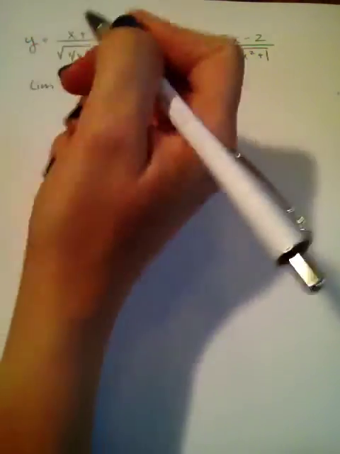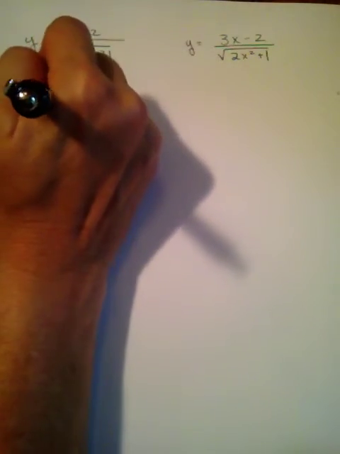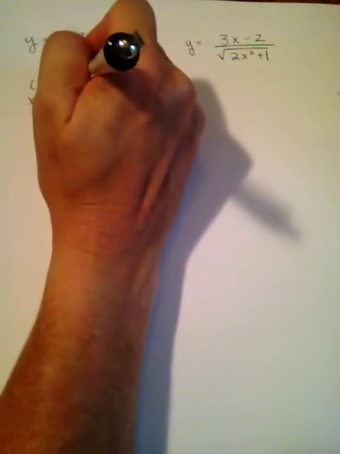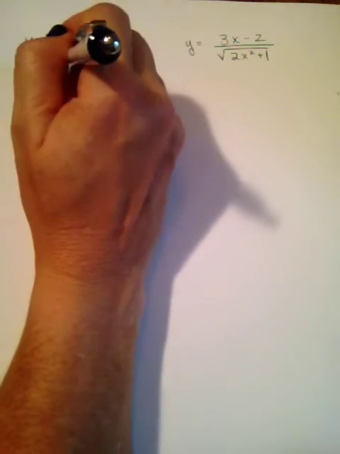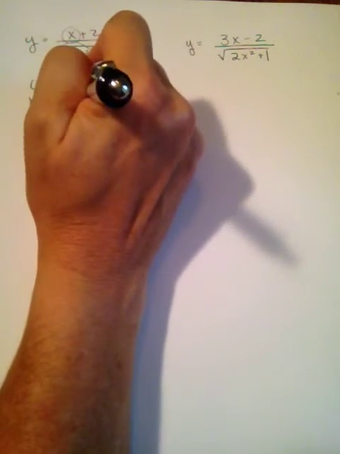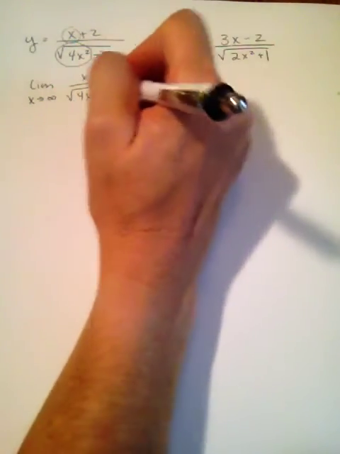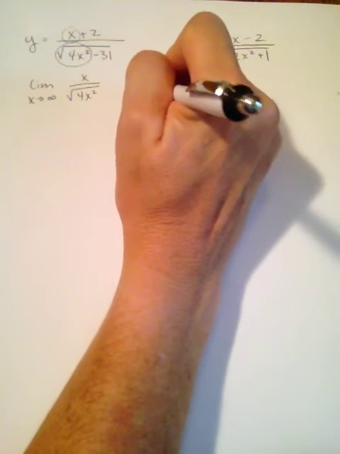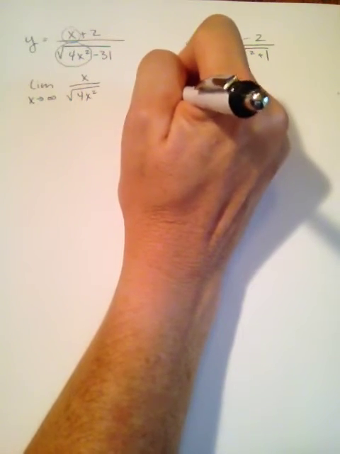The limit as x approaches infinity, and the dominant term in the numerator is x. The dominant term in the denominator is all of that, so it is the square root of 4x squared. A little bit of algebra here. The square root of 4x squared is equal to the square root of 4 times the square root of x squared.